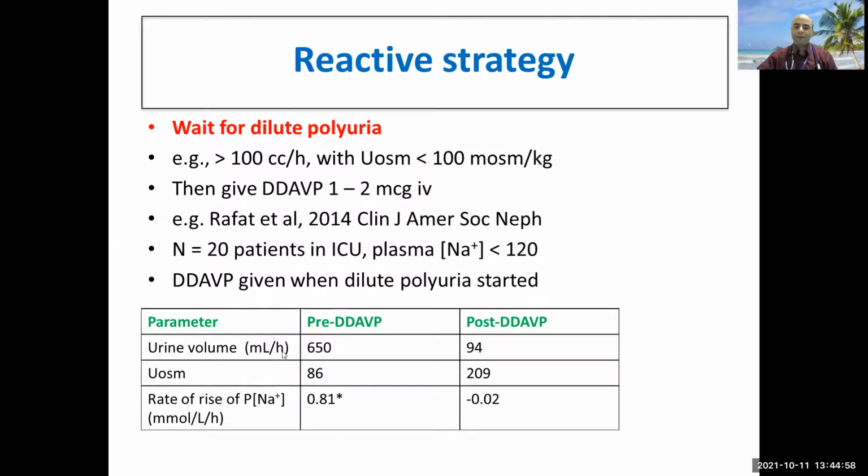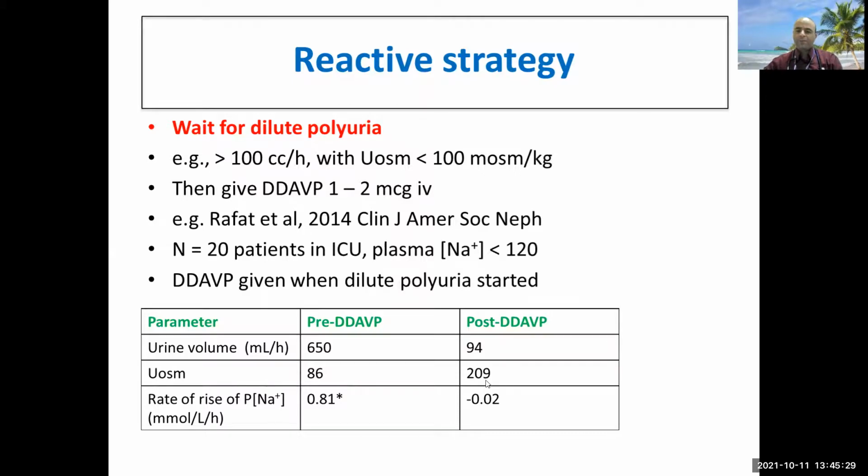Urine volume pre-DDAVP was 600 ml per hour. I told you if more than 100 or maximum 200 ml per hour, you should give DDAVP. Here the urine was about 650. After DDAVP it is now controlled to 94 ml per hour, and the urine osmolarity was diluted before. This means the patient was polyuric, losing more water and retaining sodium, and there is a risk of overcorrection of hyponatremia.